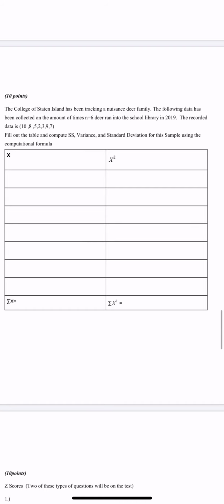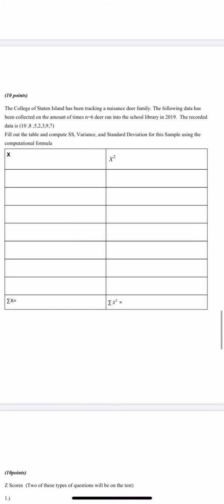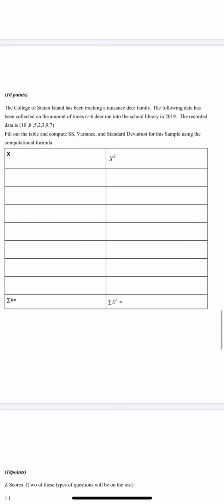So you take the sum of x squared without the parentheses, so that's the second column, the 332 number, and you subtract 44 squared divided by n, which is 7. So you do 332 minus 1936, which is 44 squared divided by 7. On this step, I'd recommend you do 1936 divided by 7 first, get that number, and then subtract that number from 332.